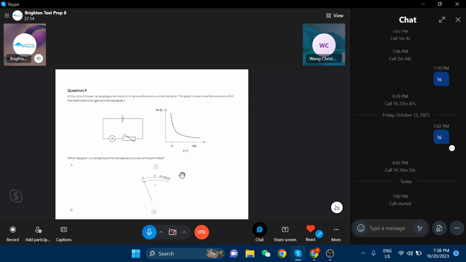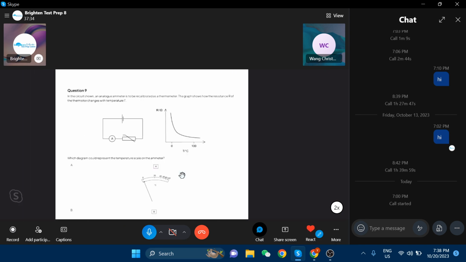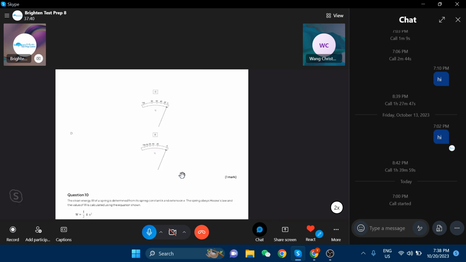Which diagram could represent the temperature scale on the ammeter? So you have something like this, and you have something like that. So obviously, what is the major difference between A, B, and C, D? Where we have to be a bit careful.